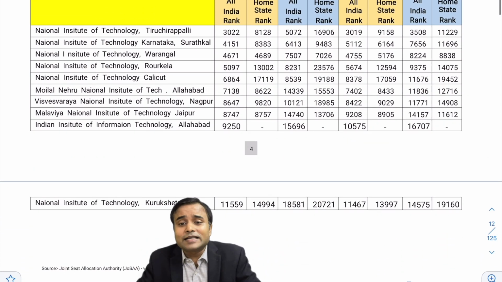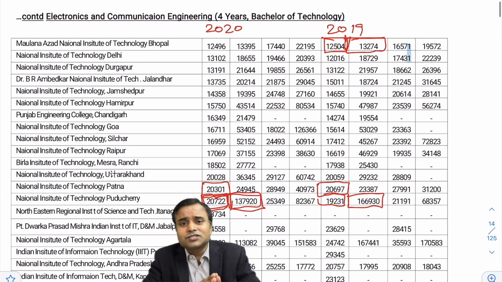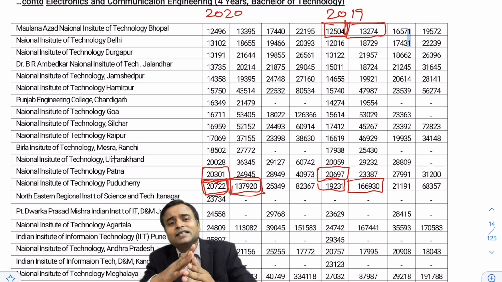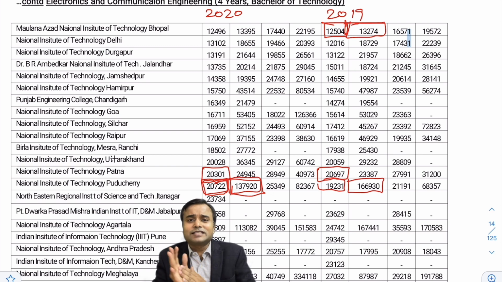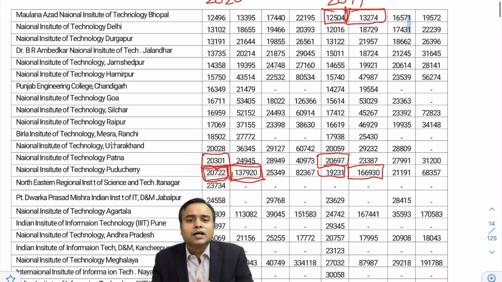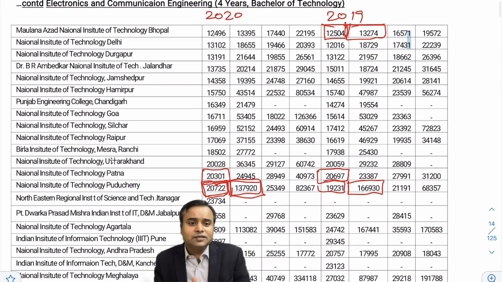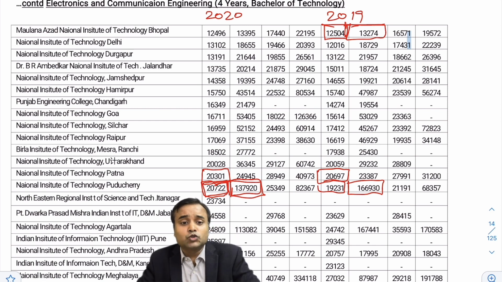What was the cutoff in 2020 and 2019? I'm giving the data here for NIT Patna and NIT Puducherry. These are the cutoff ranks on which students got admission.